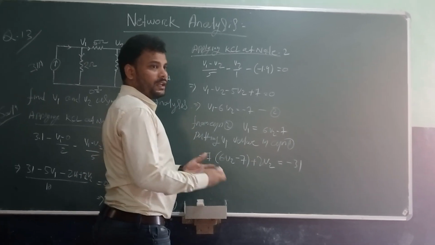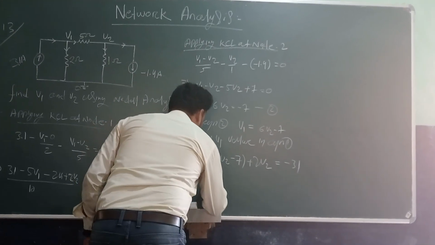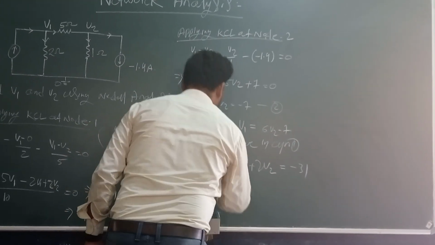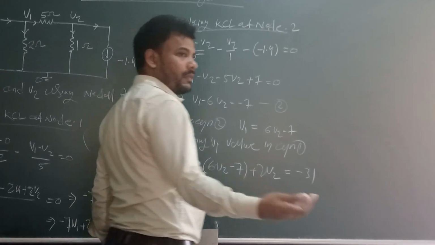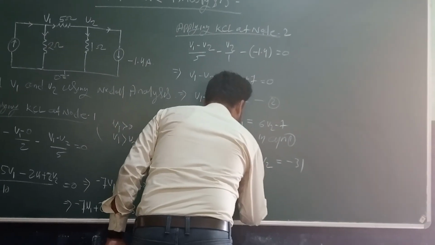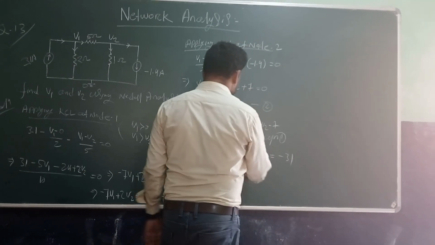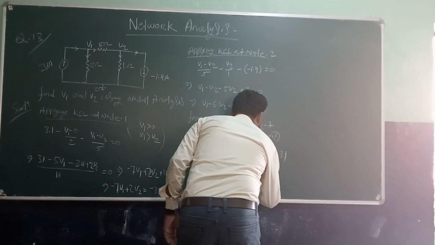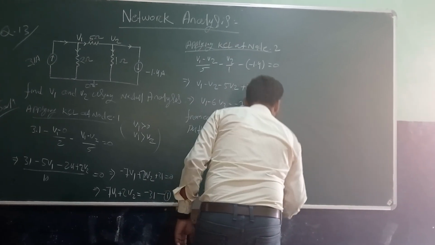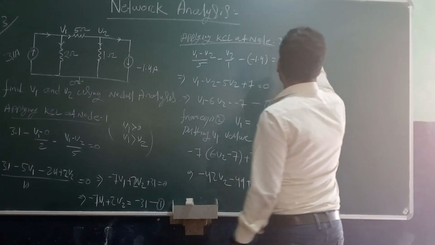7 into 6 is 42, minus 42 V2. 7 into 7, minus 49, plus 2 V2 equals to minus 31.